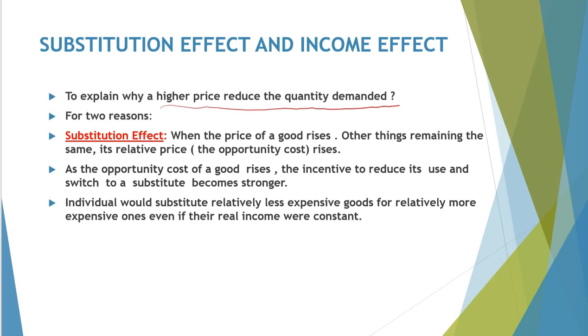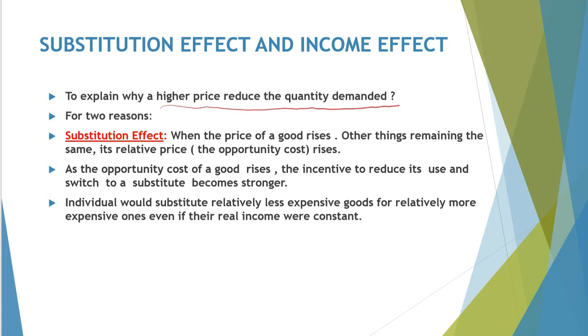Bila harga barang meningkat, kita akan pilih barang yang lebih murah berbanding barang yang lebih mahal tadi tu. Okay. As the price of a good increases while the price of other goods is constant, it becomes relatively more expensive.